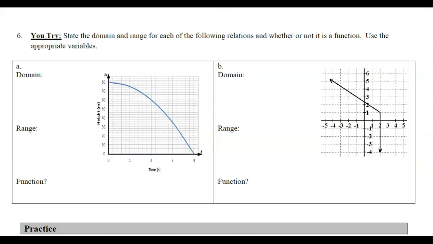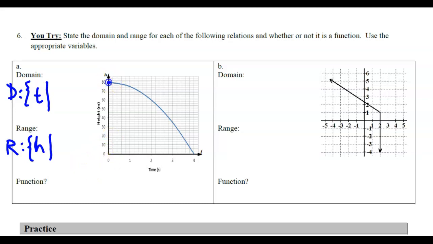Question 6, the you try questions. Just always look at what variables are being used. So for domain, in this case it's t, and it's continuous. And for height, it's h. So we're going to have inequalities, right? If it was just points, we would list them. Here, there aren't any points or graph shown that are less than 0.